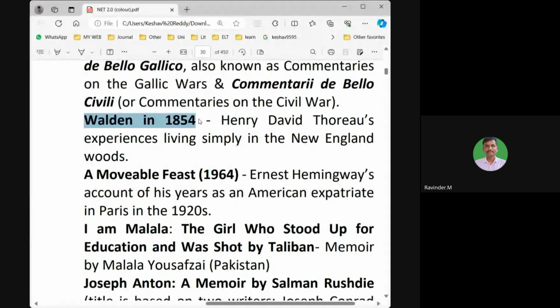An important book which recommends the non-violent movement of Mahatma Gandhi, sir. Exactly. Thank you for that. Yes, Walden is nothing but a pond.